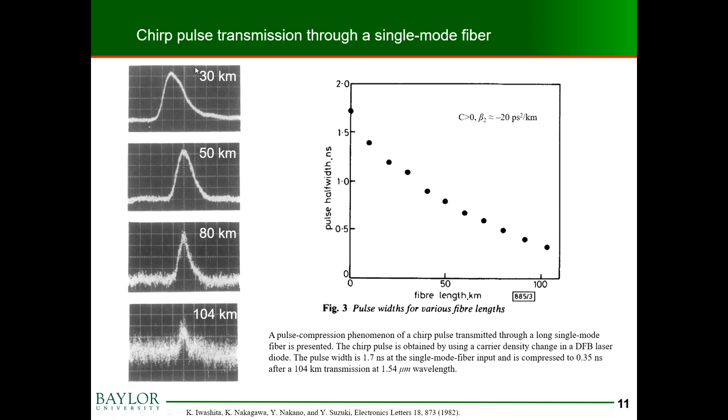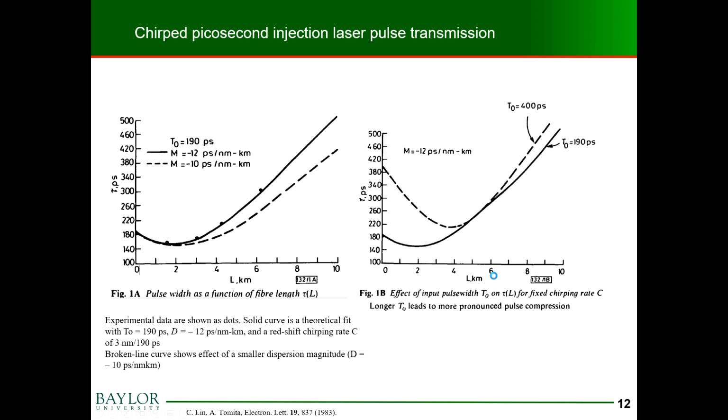You can see 30 kilometer, 50 kilometer, 80 kilometer, 104 kilometer. The pulse width is narrowing, right? But of course, it becomes a very noisy signal. But the dispersion effect does narrow and compress this pulse.